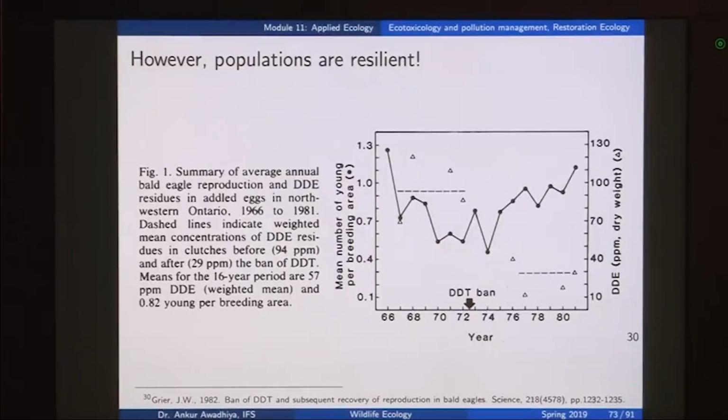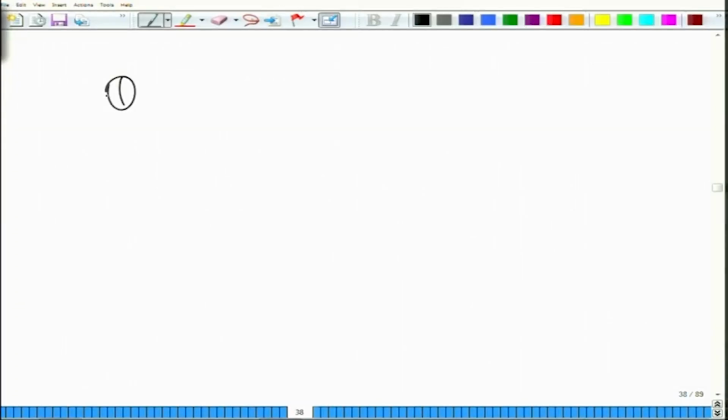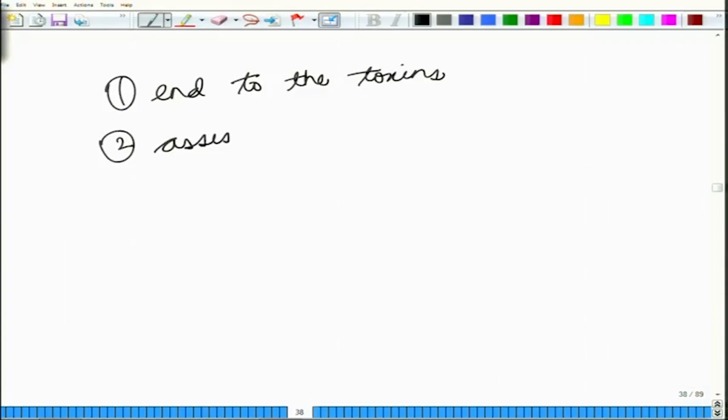Now, there are two things that you can do to keep your population resilient or to bring it back to normal. One is that you put an end to the toxins, and two is that you do something to assist the population.